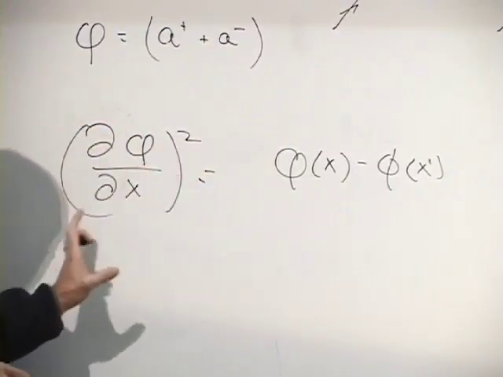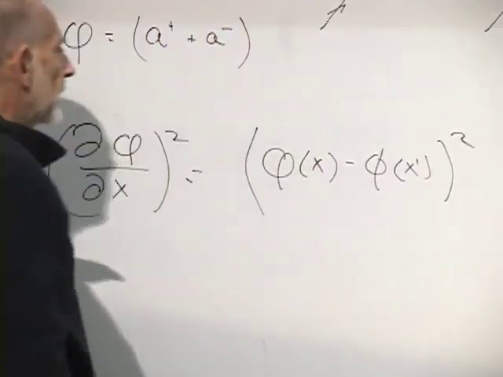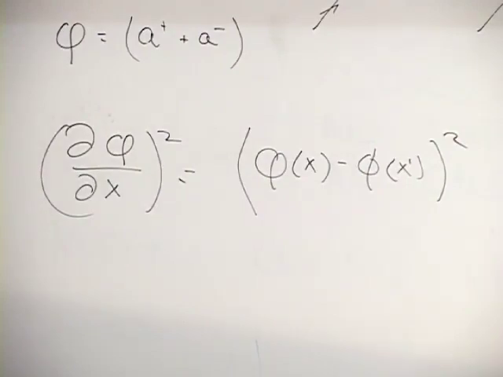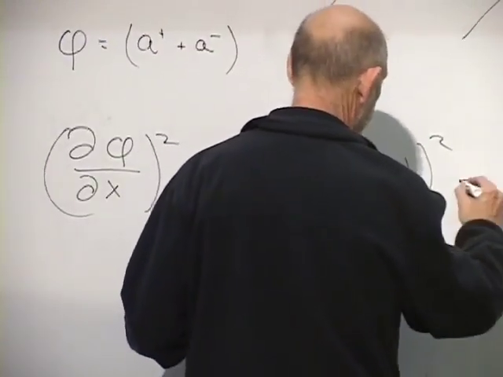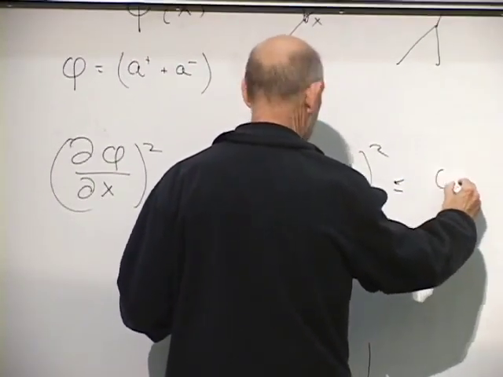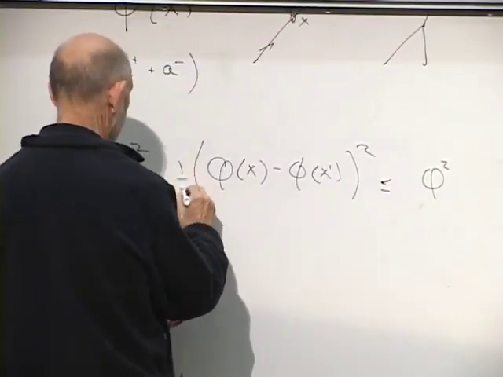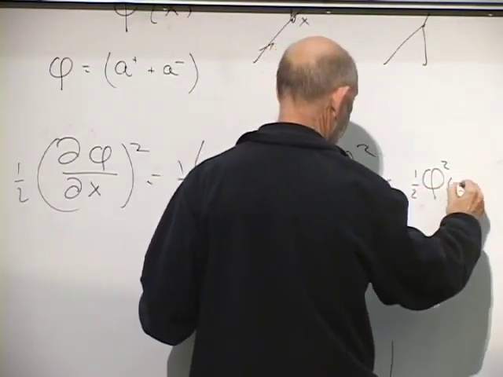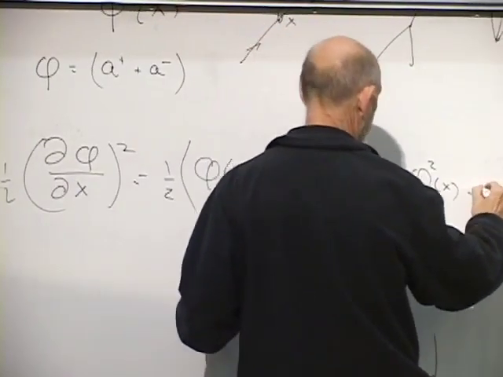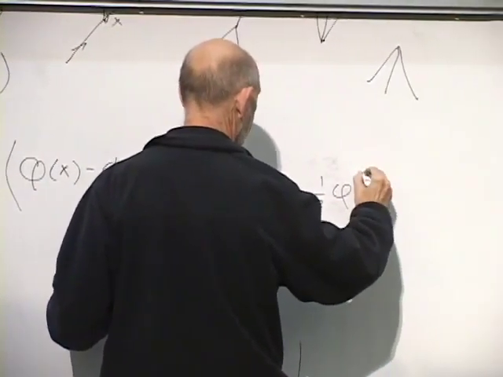And again, schematically, so squared. That's what the derivative of phi with respect to x stands for. Let's put the 1/2 here. All right, this is 1/2 phi of x squared plus 1/2 phi of x prime squared.